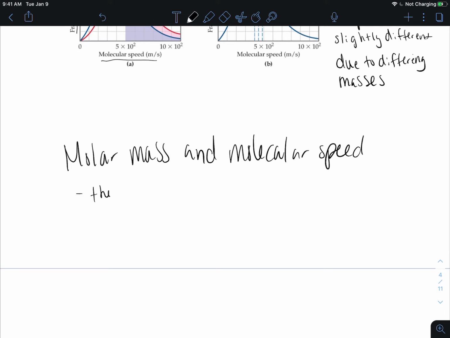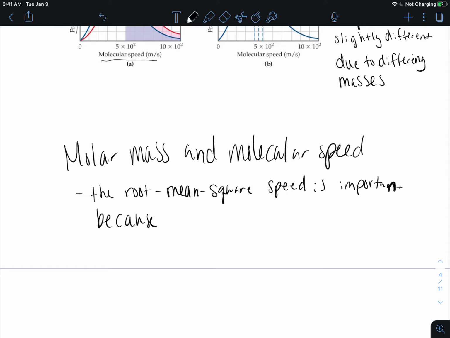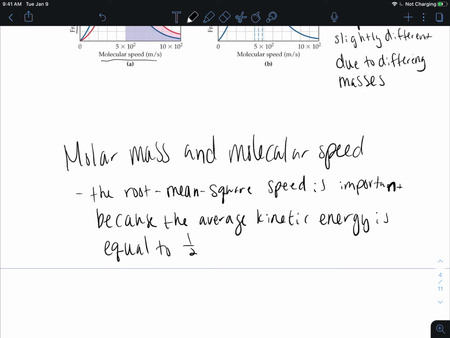So the root mean square speed is important because the average kinetic energy is equal to 1/2 mass times our root mean squared value for any collection of gases.